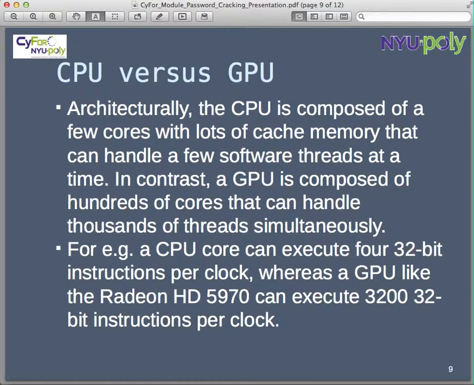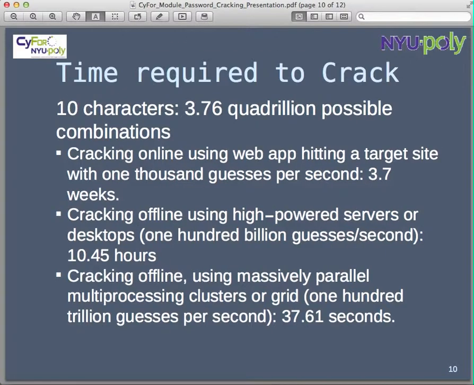So they're composed of hundreds of cores that can handle thousands of threads simultaneously. As an example, you could have a CPU core that could execute 4 32-bit instructions per clock, whereas you can easily find a GPU such as a Radeon HD 5970 that can execute up to 3200 32-bit instructions per clock.